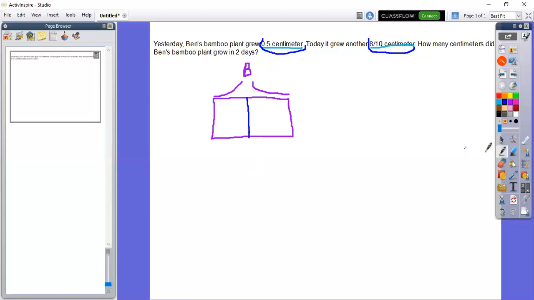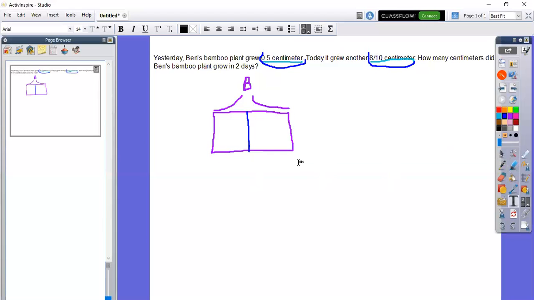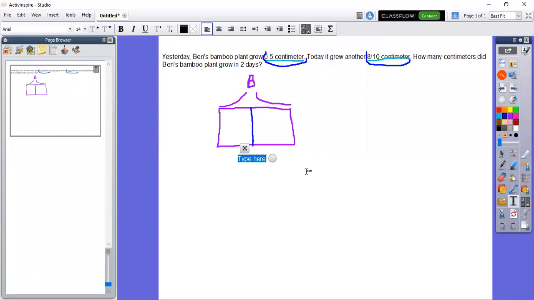So my smaller side would be my 0.5 centimeters. cm is short for centimeters. And my other side, my bigger side, would be my 0.8 centimeter. Okay.